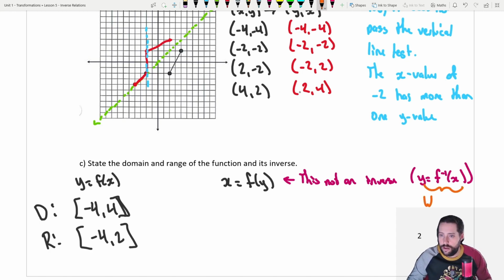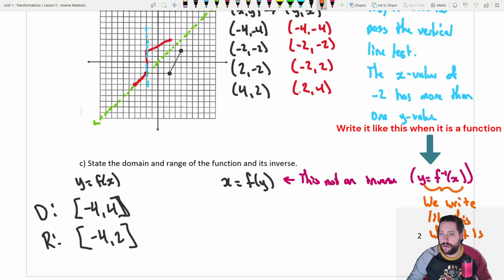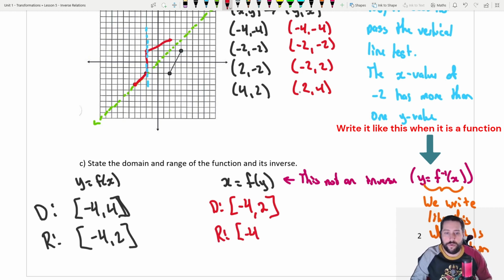For the domain and range, it's going to be flipped. Whatever your range was will be your domain, and whatever your domain was will be your range. So your domain is going to be between -4 and 2, and your range is going to be between -4 and 4.